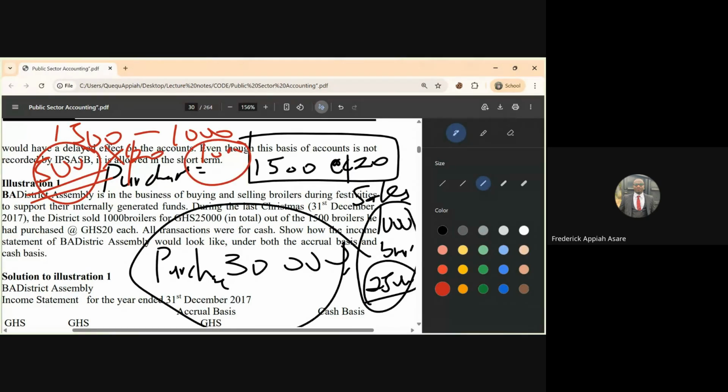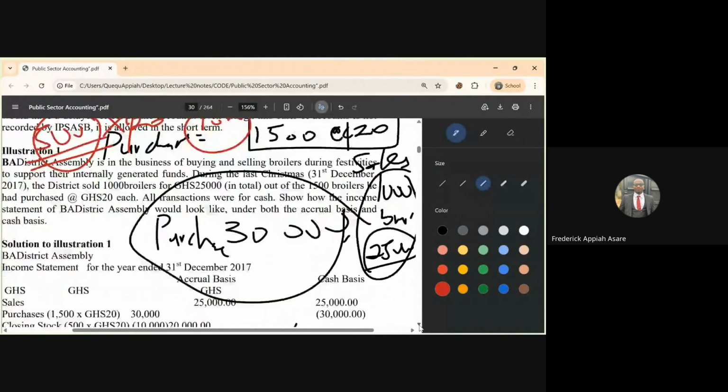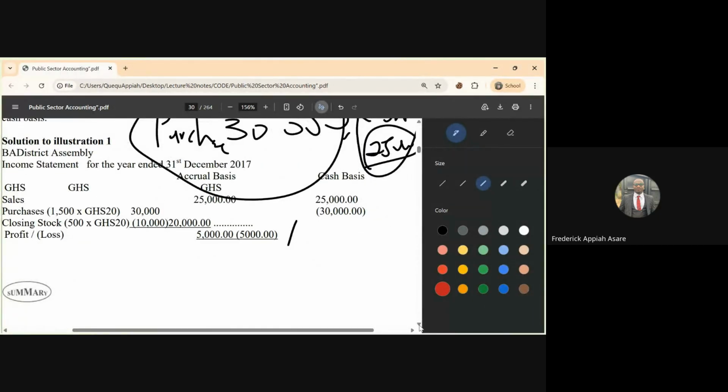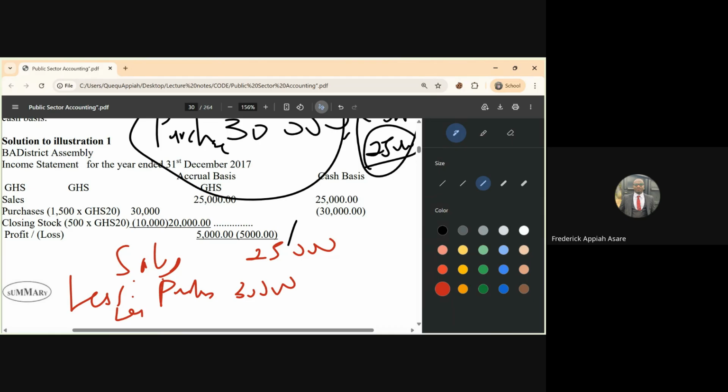So this closing inventory, the normal presentation that you know in accounting, sales come 25,000 less cost of sales, which will start with purchases of 30,000. Then we will less closing inventory, which is 10,000.